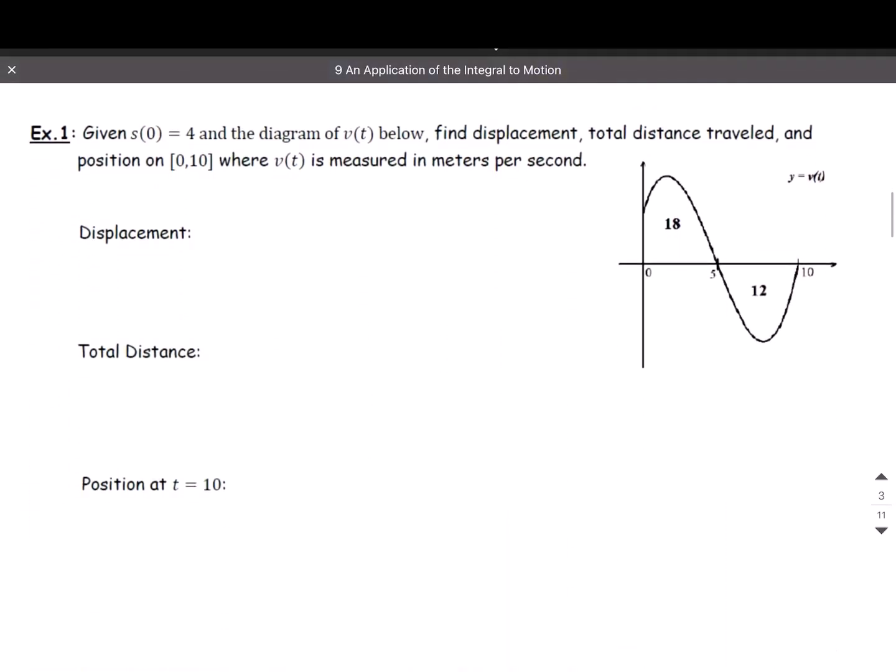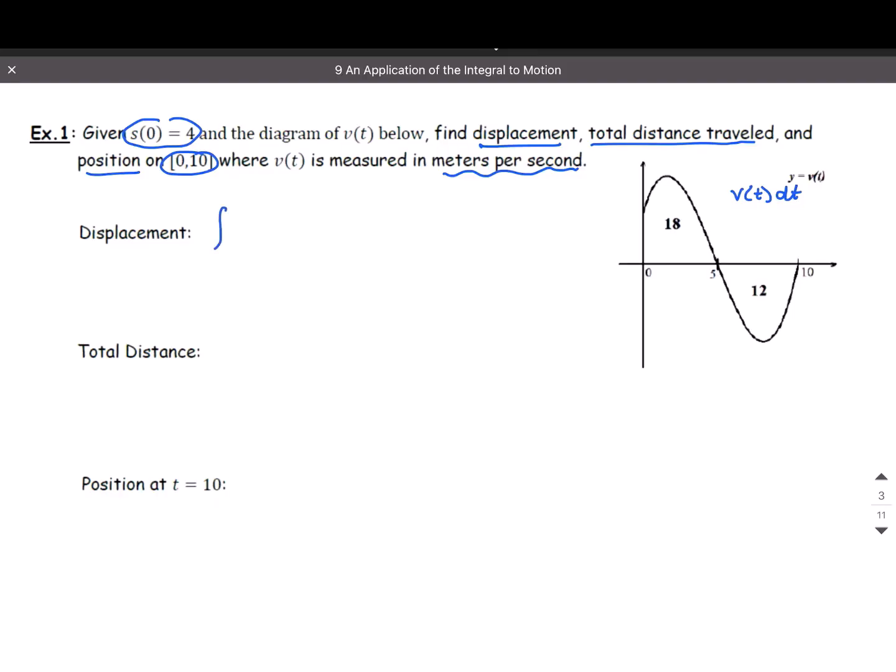Given that s of 0 is 4, and the diagram of the velocity function here with these areas marked, find displacement, total distance traveled, and position from 0 to 10, where velocity is measured in meters per second. The displacement is how far we've moved from the beginning to the end.